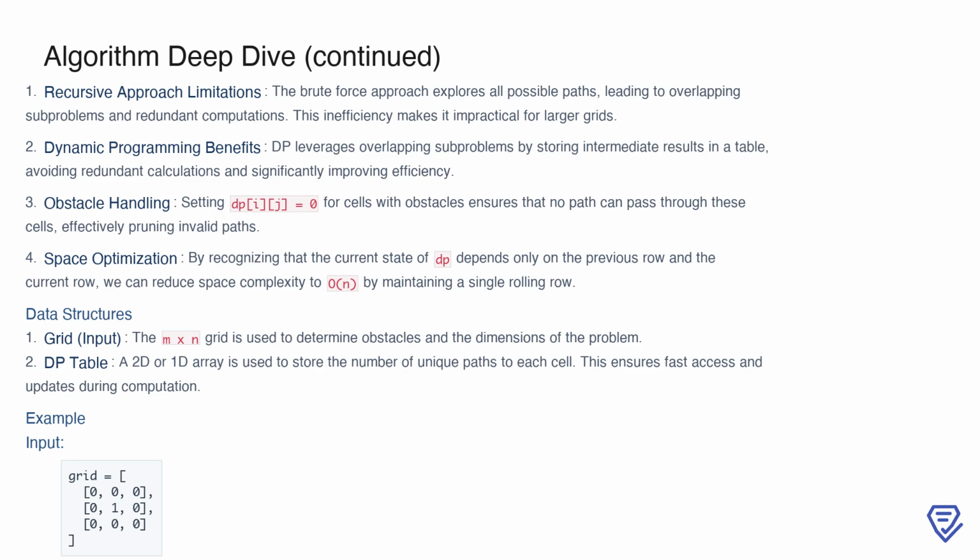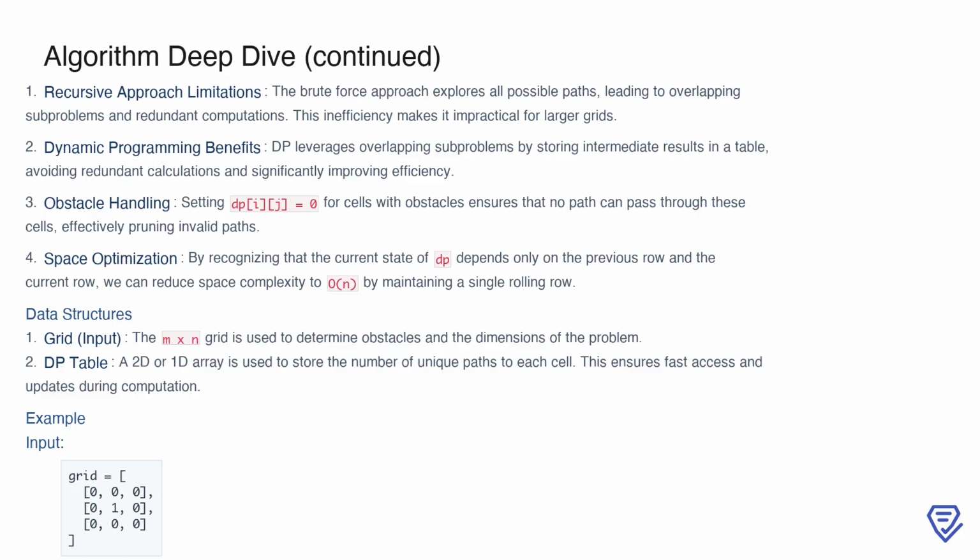One important aspect of the DP approach is how it handles obstacles. By setting dp[i][j] equals 0 for cells with obstacles, we ensure that no path can pass through those cells. This effectively prunes invalid paths from consideration. Additionally, we can optimize space usage by recognizing that each state in the DP table depends only on the current row and the previous row.